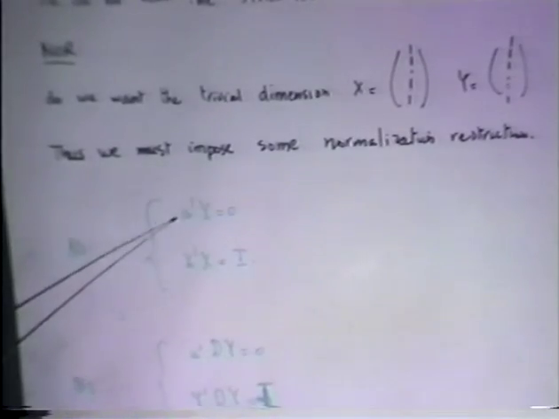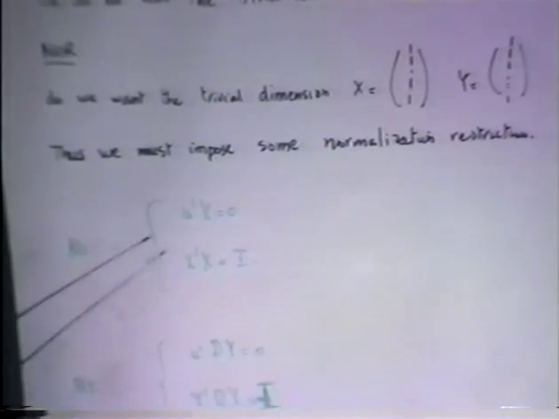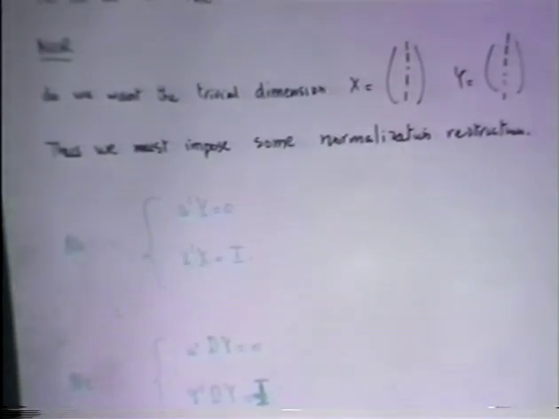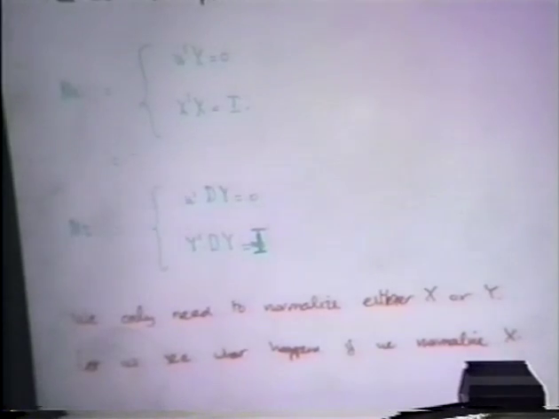I have written down two normalization conditions here. I'm using U for a vector with all elements equal to 1. So this one says that the columns of x should be in deviations from the mean, and this one says that the x should be orthogonal, with sum of squares equal to 1. And this normalization condition is on y.